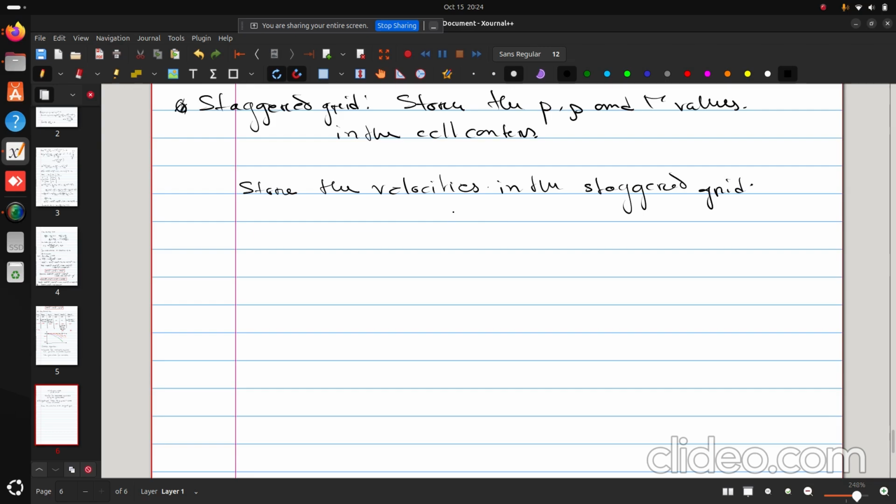So when we store the velocities in the staggered grid, then we solve for the velocities in the staggered grid, and we get new velocities which satisfy the momentum equation.